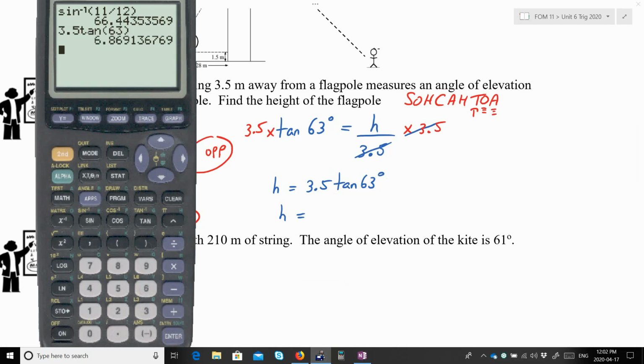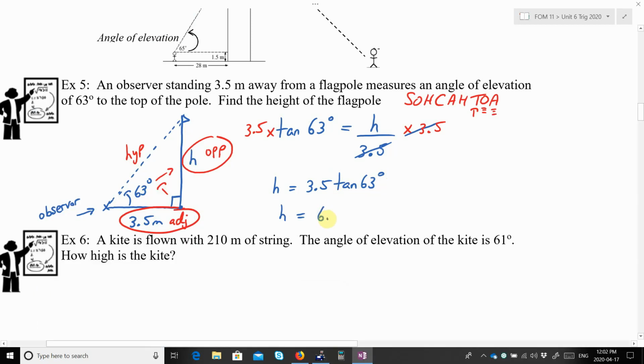Okay, about 6.9, and that is going to be in meters, okay, because it gives us this measurement away from the flagpole in meters. Right, so there's example 5.